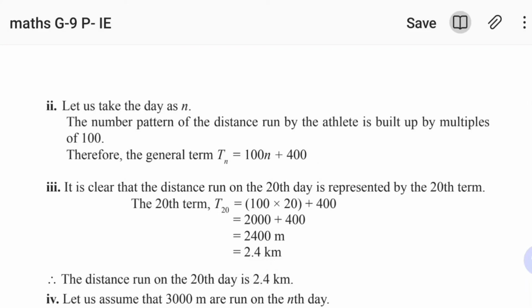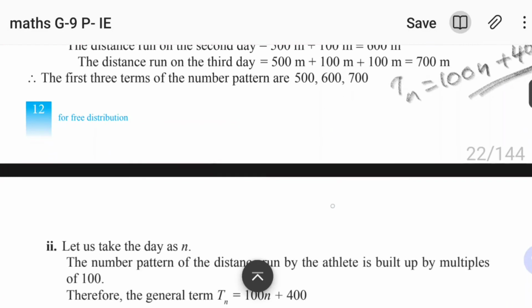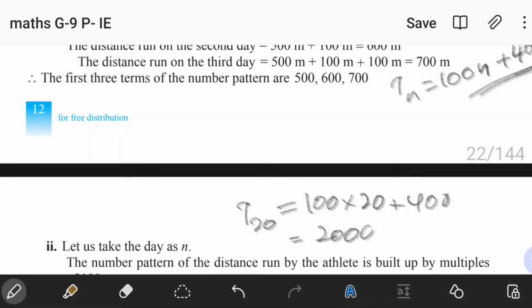So the distance run on the 20th day is represented by the 20th term. The third question is to find the distance he runs on the 20th day. T20 is 100 times 20 plus 400. 100 times 20 is 2000, plus 400 is 2400 meters.